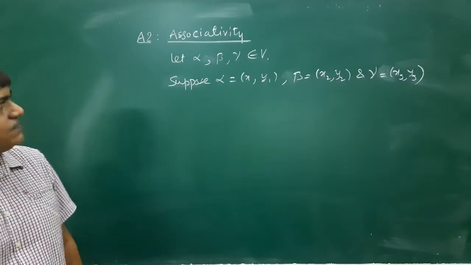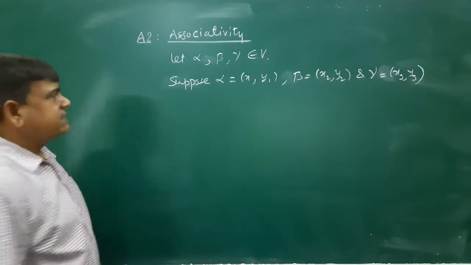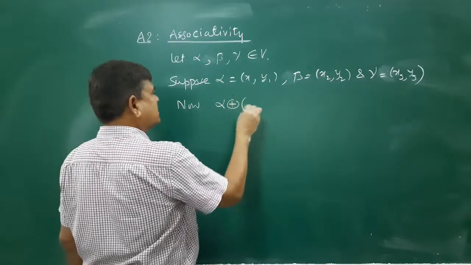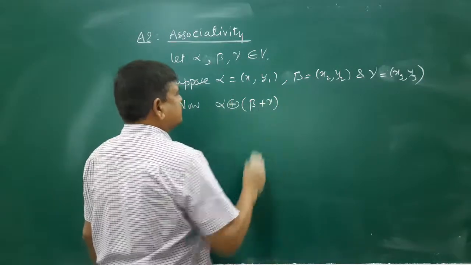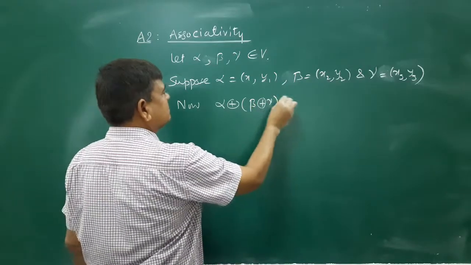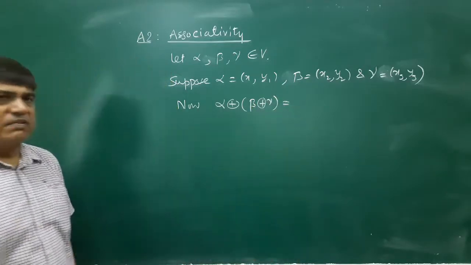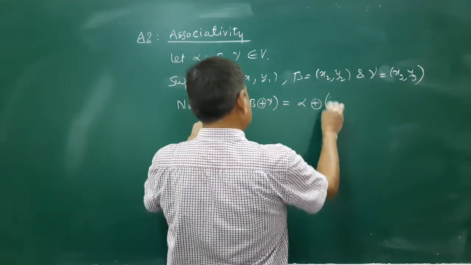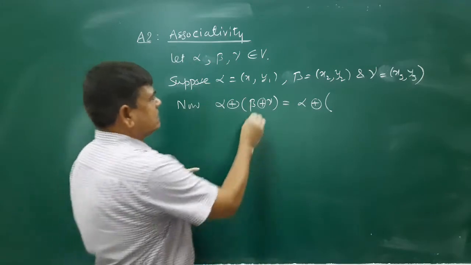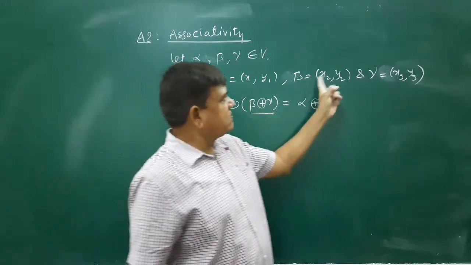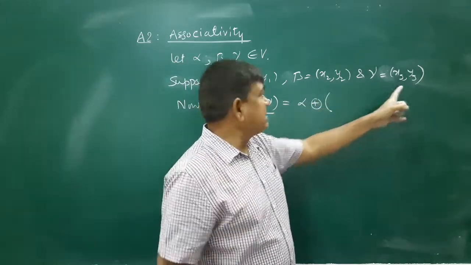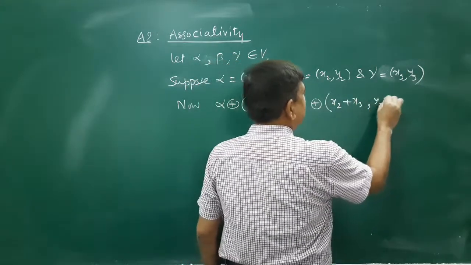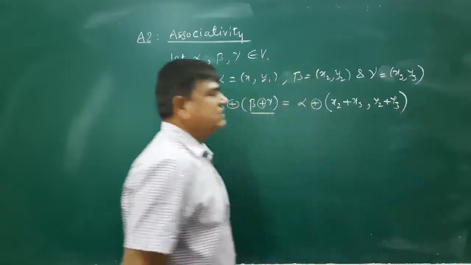These are the numbers. Let us simplify this. This plus this. We know that the rule is given, so I write it is x2 plus x3, y2 plus y3. This rule is given to us.